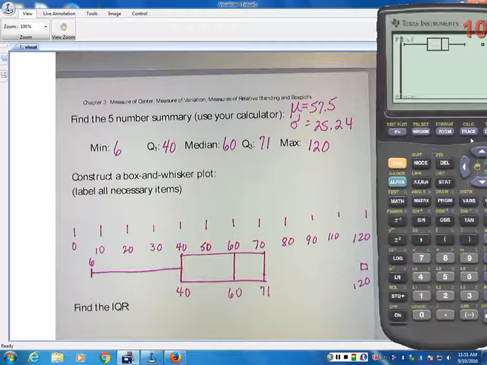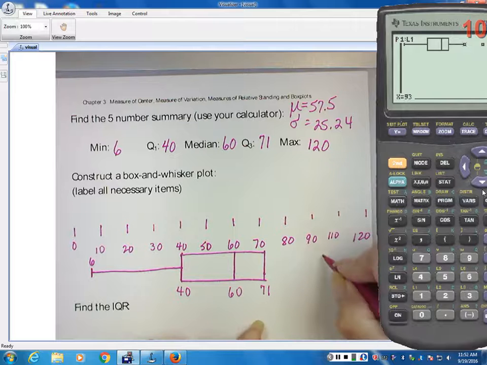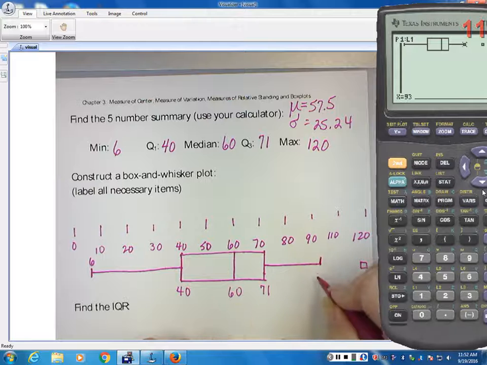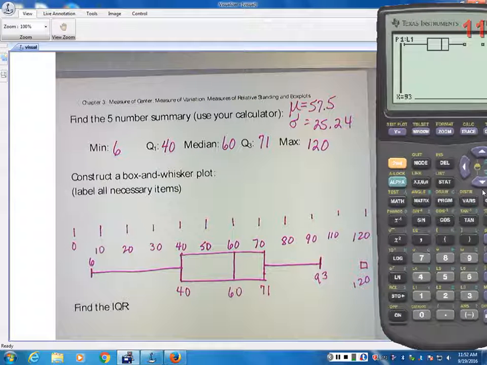So we're going to hit trace, and you can trace on the box plot and actually see what each one of those values are. So the value that was next below 120 was 93. So it's actually going to be the end of the whisker.